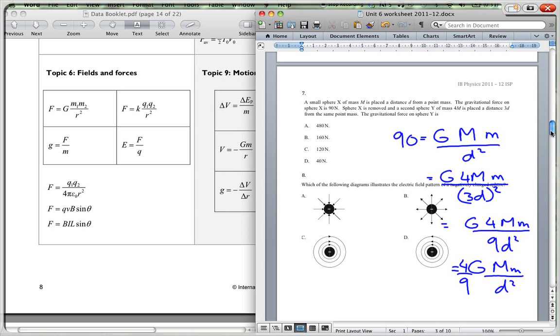So we can see here that this is going to be 4/9. This over here is equal to 90, so it's 4/9 of 90, so the 9 cancels and goes into 90 ten times, so it's going to be 40 newtons. So D is correct there.